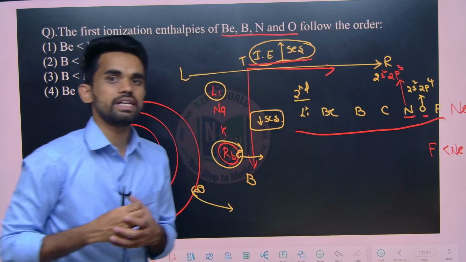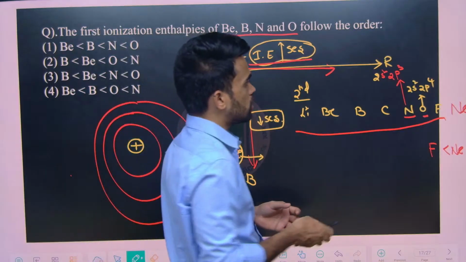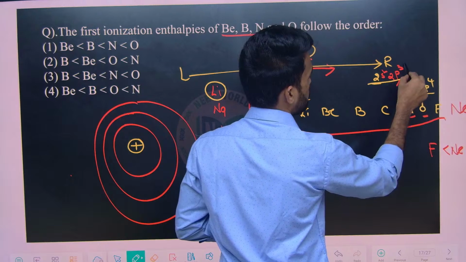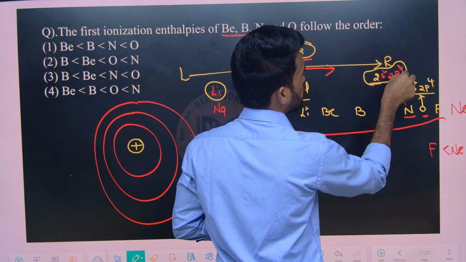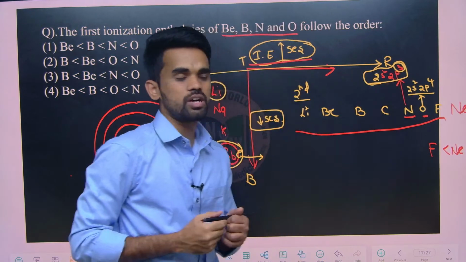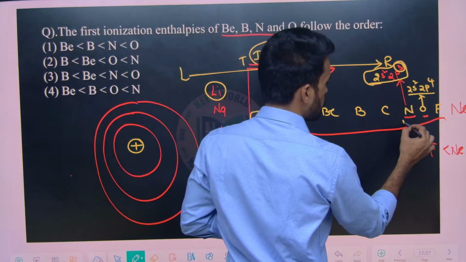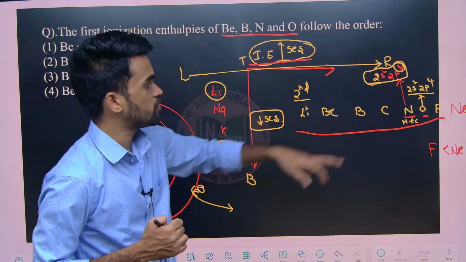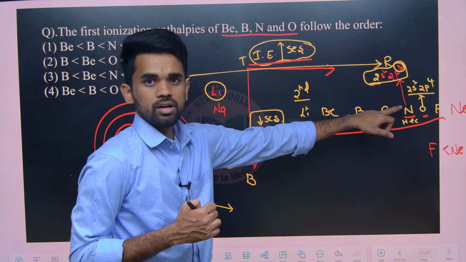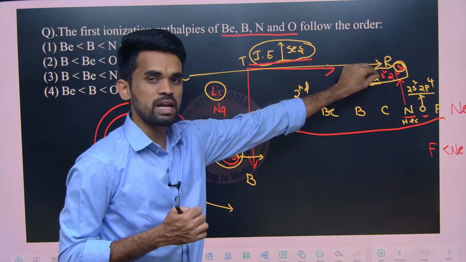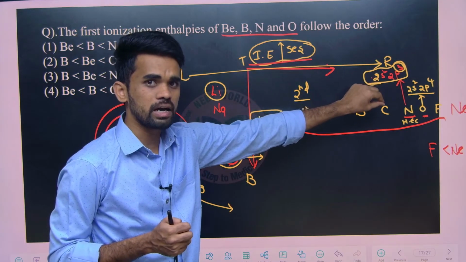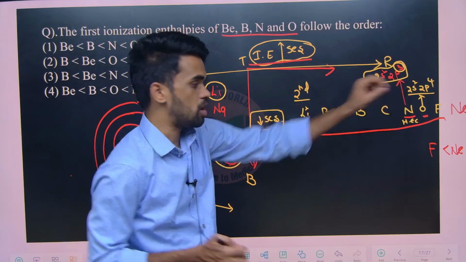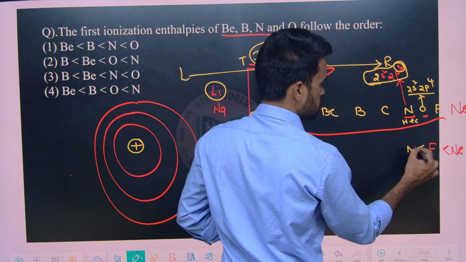We can remove an electron easily from oxygen, because nitrogen has a half-filled electronic configuration. Due to the half-filled configuration, nitrogen is stable, therefore removal of an electron from nitrogen is difficult, so it has more ionization energy than oxygen. Nitrogen, then oxygen.